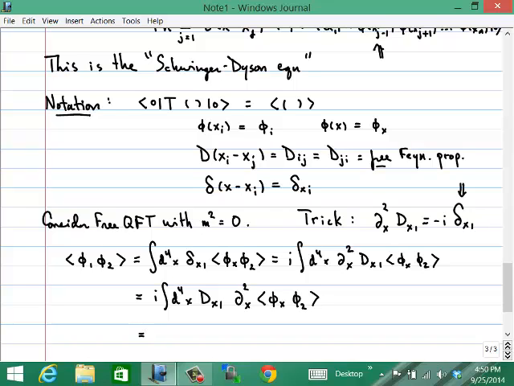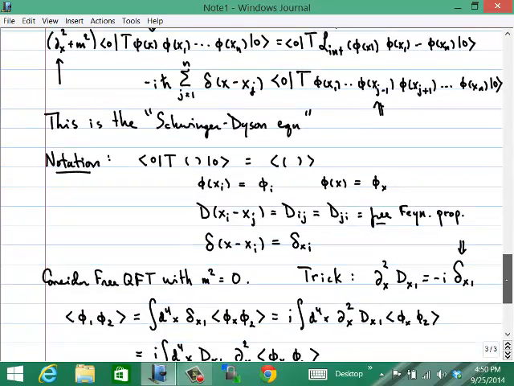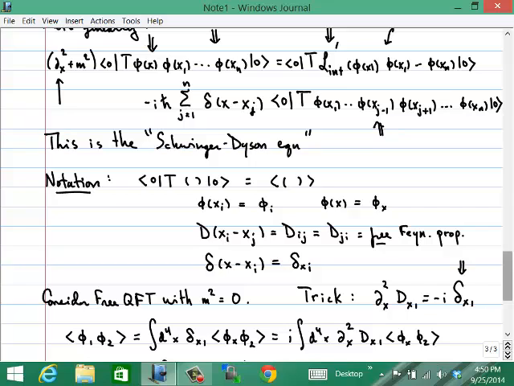Now I'm going to use the Schwinger-Dyson equation. What does the Schwinger-Dyson equation say? Well, I'm in a free quantum field theory. So let's just scroll up and remind ourselves of what the Schwinger-Dyson equation says. It says that when you act with this derivative, this Klein-Gordon operator, you get an interaction term, which is 0, plus a delta function term.